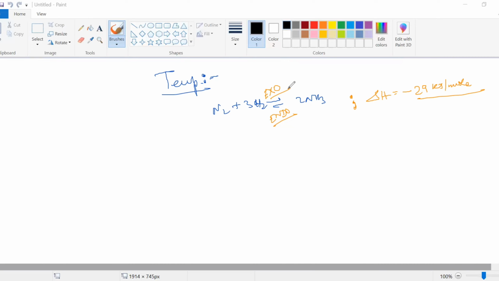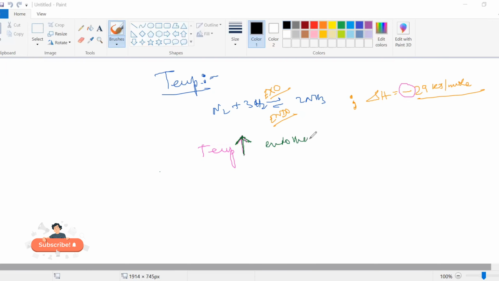Now, let me write this down. If we increase the temperature, immediately seeing this sign, write exo, endo. Whenever we are increasing the temperature, the reaction moves to the endothermic direction.